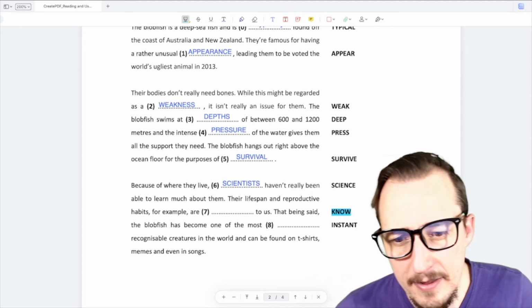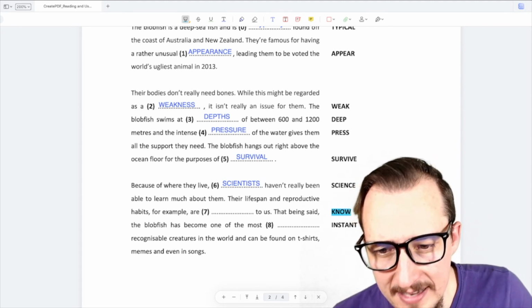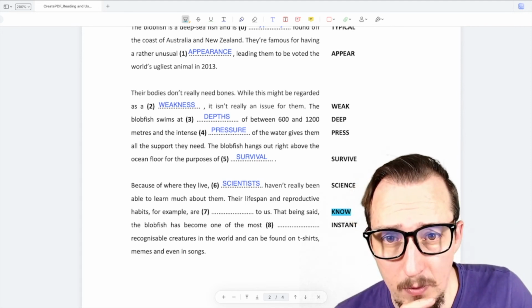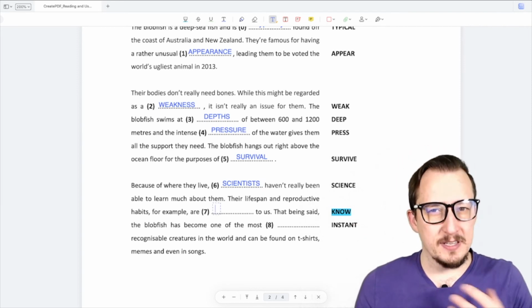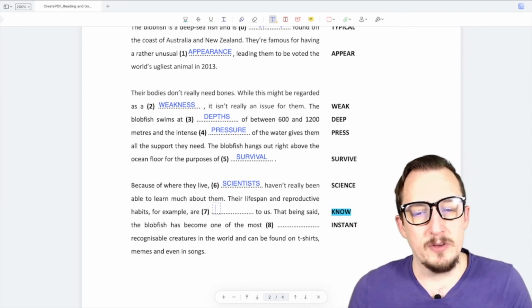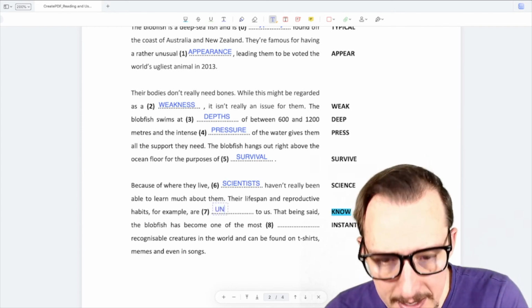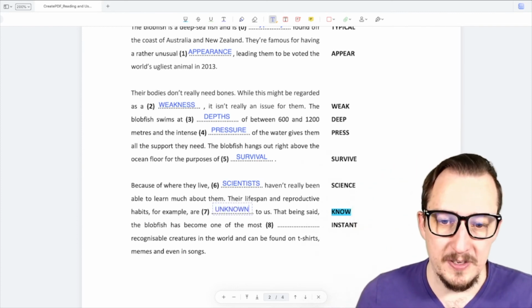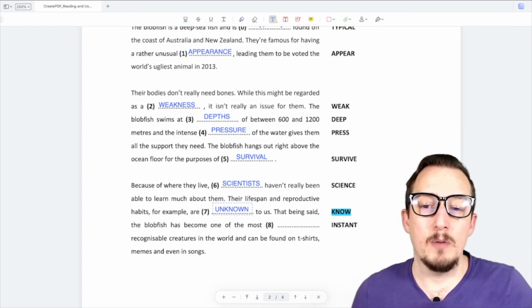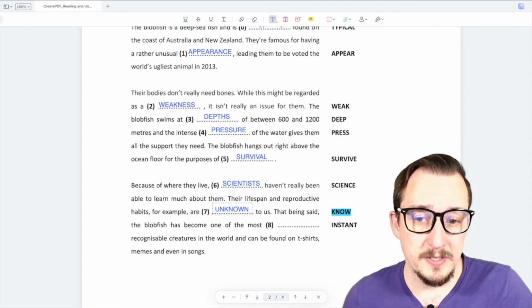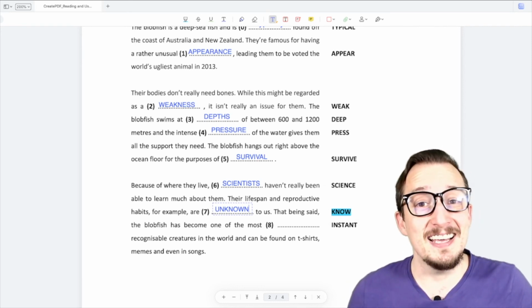But again, the form of the word is the adjective now that we need here. So in order to form the adjective of using the stem word know that means something similar to we don't know, it would be unknown. So the sentence reads, their lifespan and reproductive habits, for example, are unknown to us. So the correct answer for question 7 is unknown.